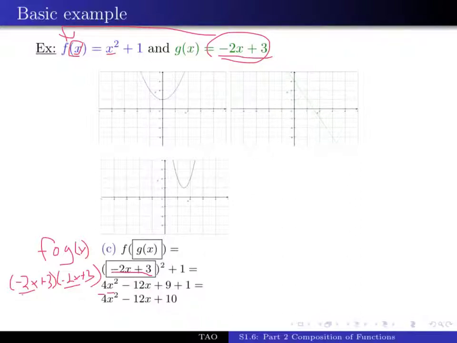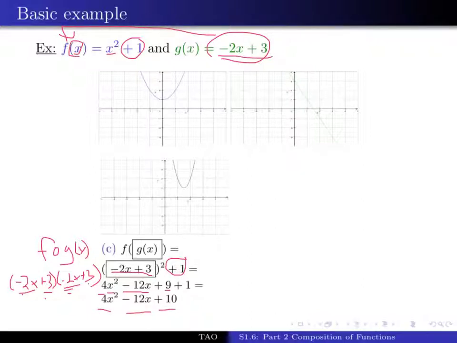We're going to get a minus 2x times 3, which is a minus 6x, but we're going to get a 3 times a minus 2x, which is another minus 6x, leading us to a minus 12x. 3 times 3 is 9, and we still have our plus 1 that we had outside. So we do our addition. Well, we don't have any other squares, so we're going to have a 4x squared. We don't have any other x's, so we're going to have a minus 12x. And 9 plus 1 is 10.